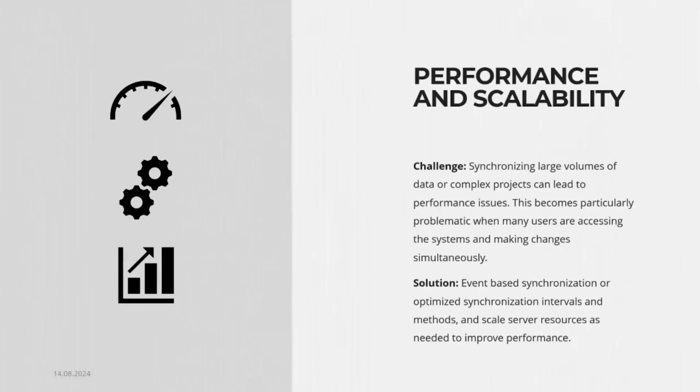And as we already heard, you have event-based or scheduled synchronization. This is very tricky when you have scheduled synchronizations. Then after each interval, the whole project must be synchronized and not only the changes. So in this case, an event-based synchronization is mostly better, but it depends on your installation.